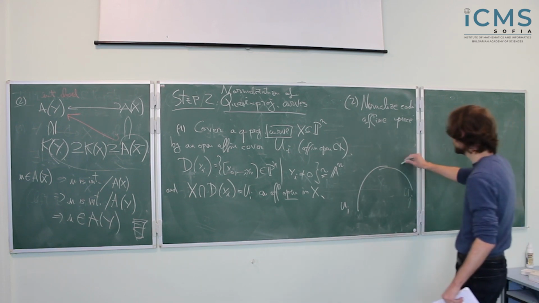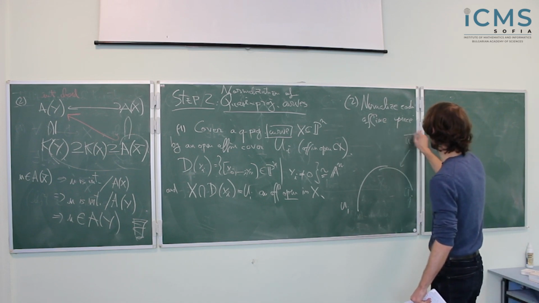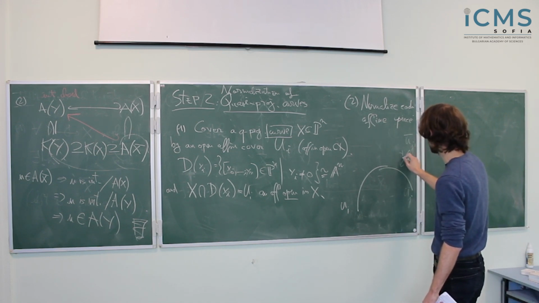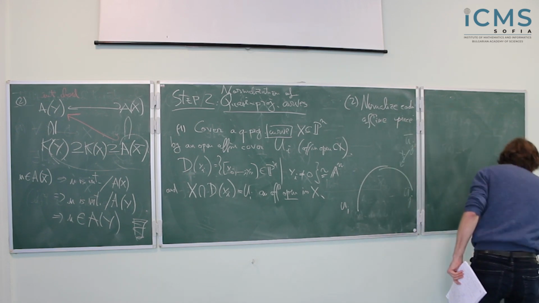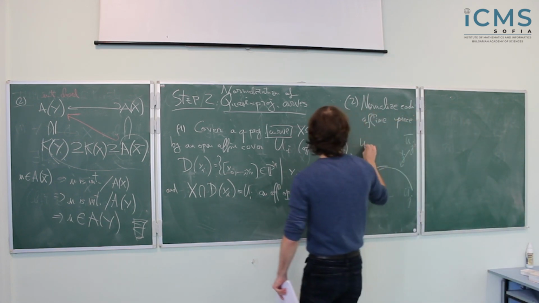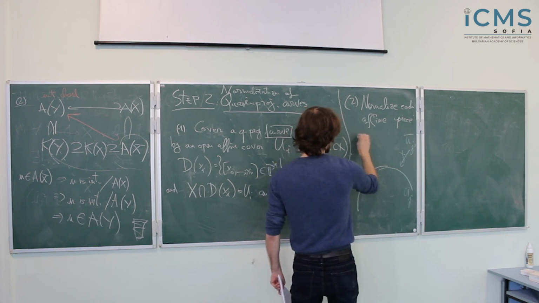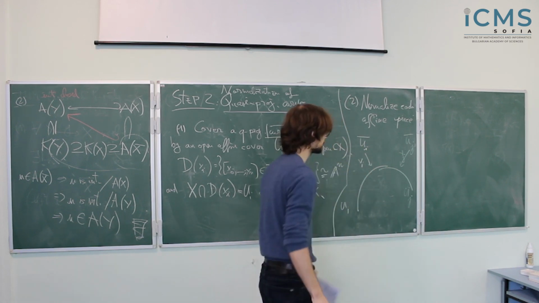We normalize this one and call it U bar j, as you can imagine, with its morphism mu_j. And we have another one here, U_i bar.